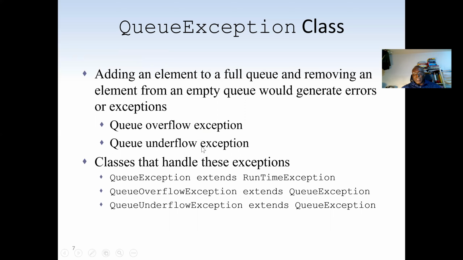If the queue is empty, there's nothing inside, so when I try to remove an element from an empty queue, I will get an underflow exception. The same thing applies to the stack. So overflow exception and also underflow exception. And we are going to use the runtime exception like the Java library file.